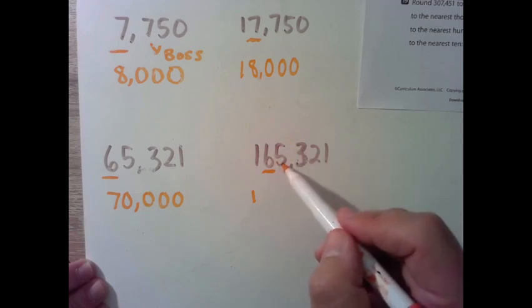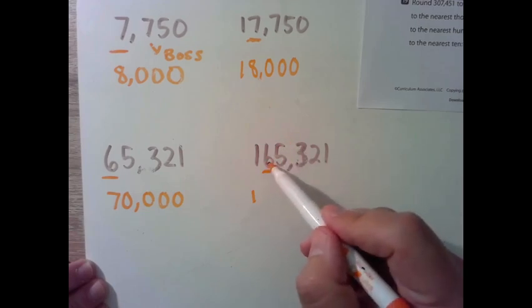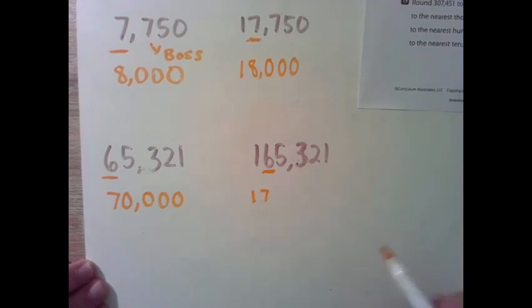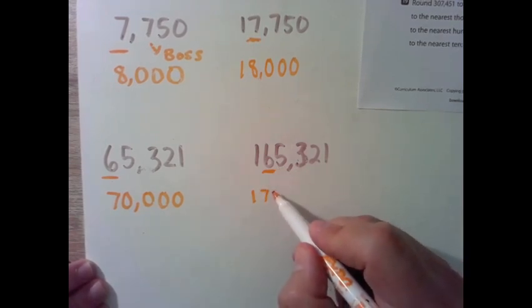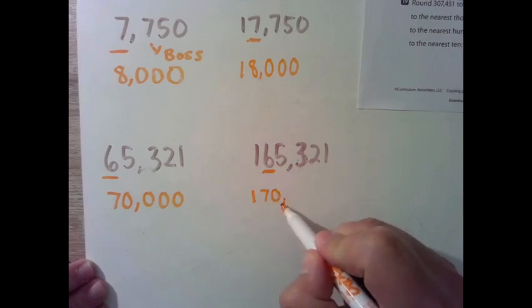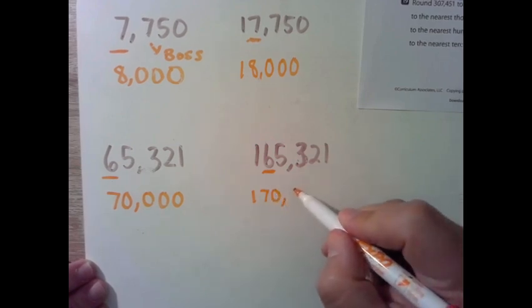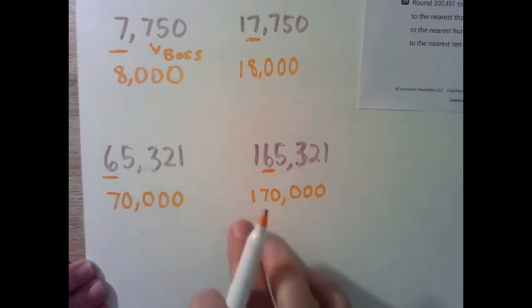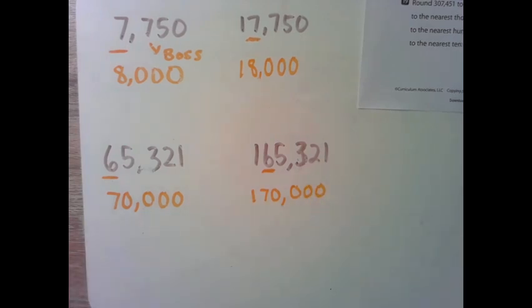Once again, it's 5 and above, so we give this 6 a shove to make it a 7. Everything after the stop sign becomes a 0. So that 5 becomes a 0. You put your comma. The 3 becomes a 0, the 2 becomes a 0, and that 1 becomes a 0. So our answer is 170,000.